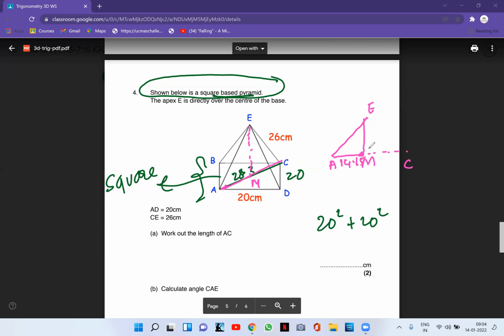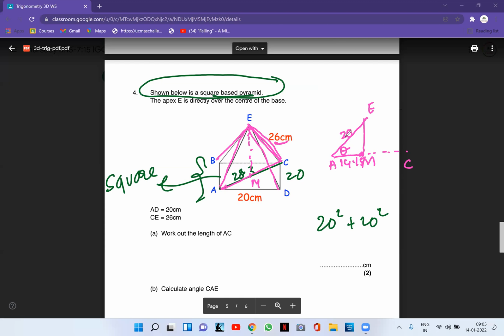I want to find CAE. So this is my theta, correct? All these sides here, this is square-based pyramid. So that means all these sides are equal. So if this is 26 centimeter, all my sides will be 26 centimeter. So this AE will be also 26. Okay.